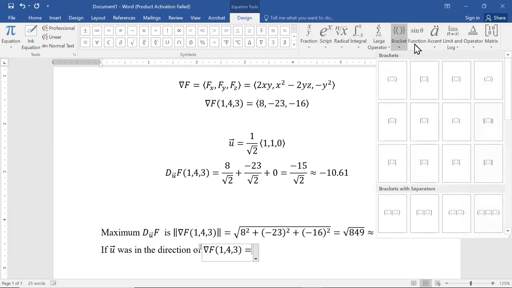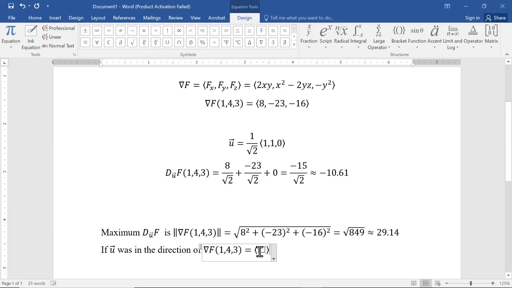So in other words, if my u was in the direction of 8, negative 23, negative 16.